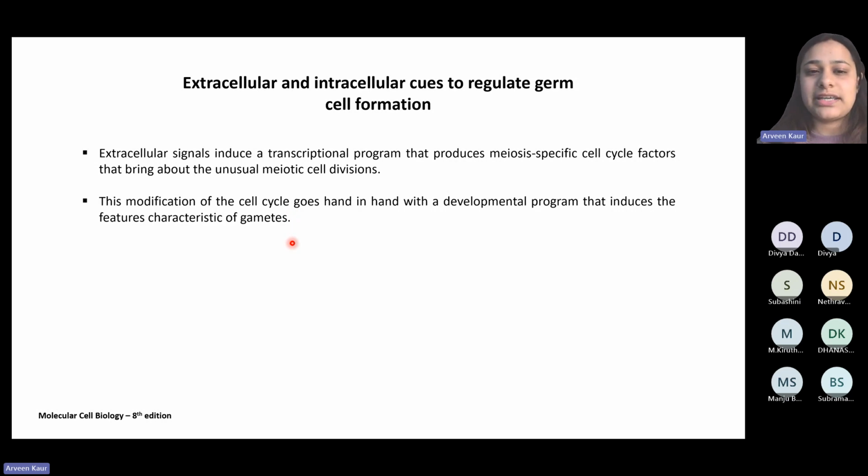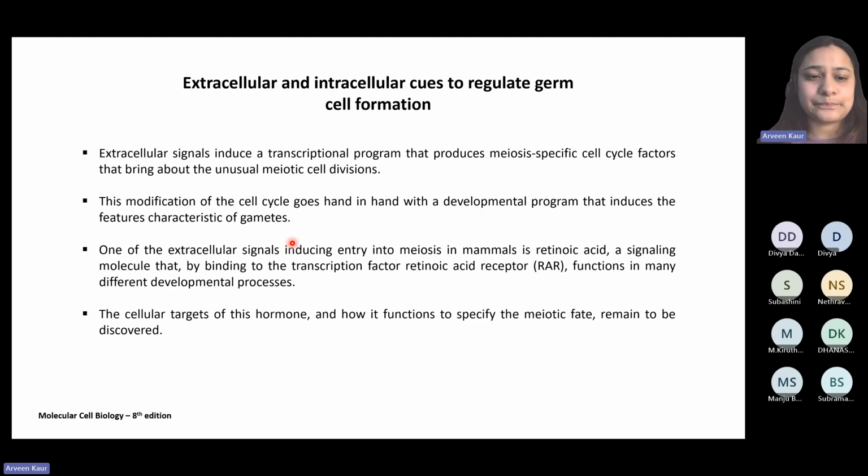We are just saying that extracellular signals could switch on some transcriptional machinery, which could recruit factors that are necessary for meiosis to occur.